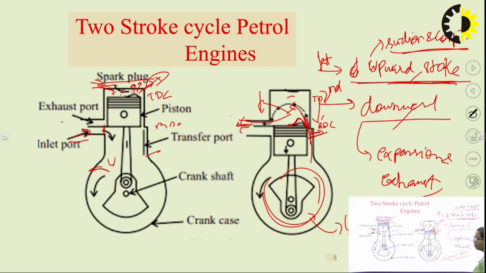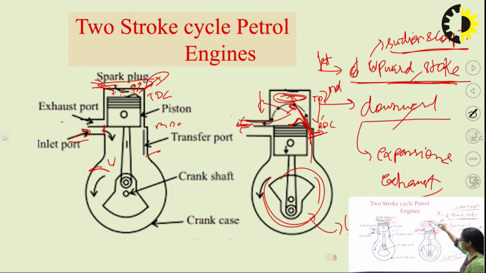So there is a crown provided over the piston which deflects the fresh charge to the upper side of the combustion chamber. So this is the purpose of designing a crown over the piston. It deflects the fresh charge to the combustion chamber, so the possibility becomes less for the fresh charge to escape to the atmosphere. So this is the reason behind the designing of the piston.